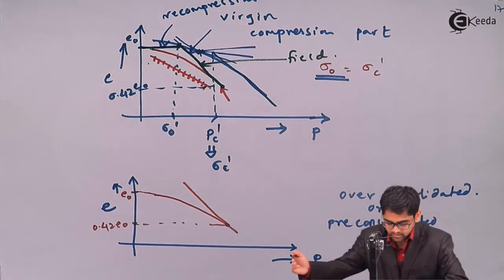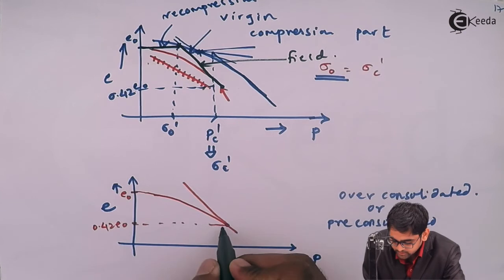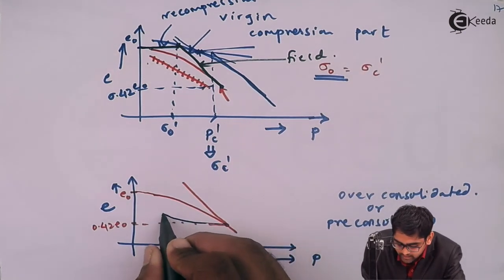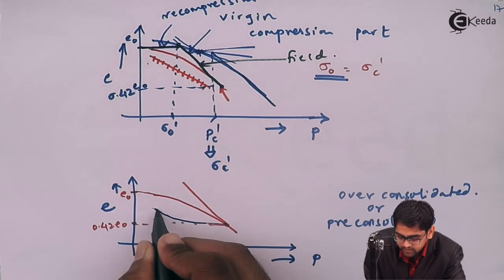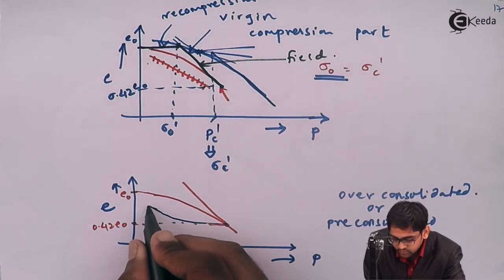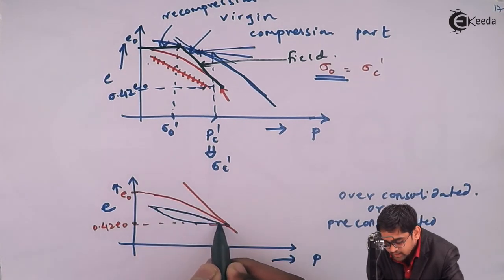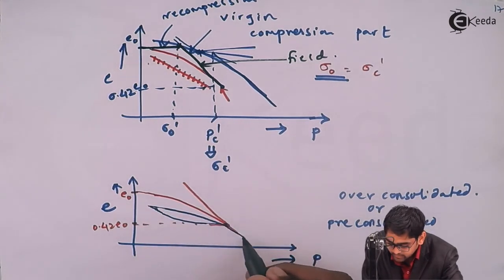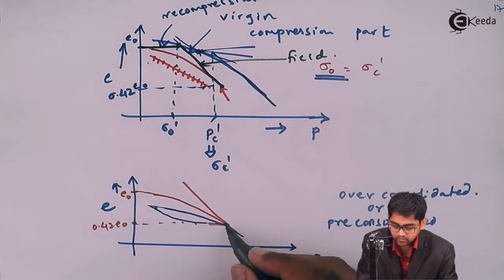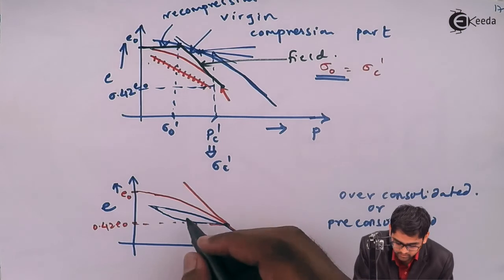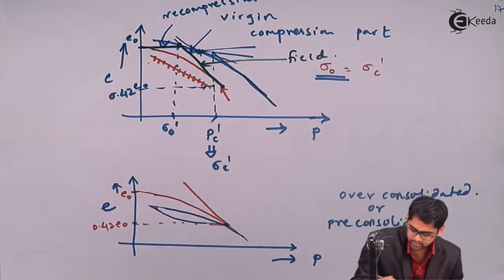But remember, if you have unloaded this specimen in the lab, then it would follow a path like this. This is the expansion part, and then you recompress it, so there would be a recompression part. Then if you load again from this point, you will get the virgin compression part.